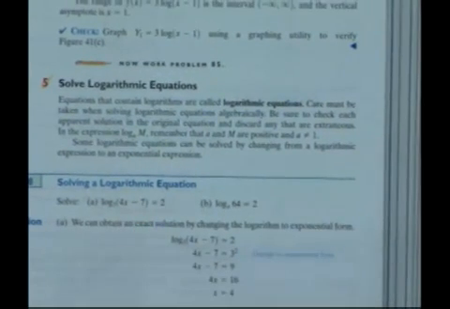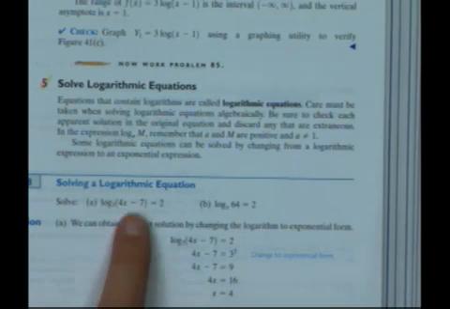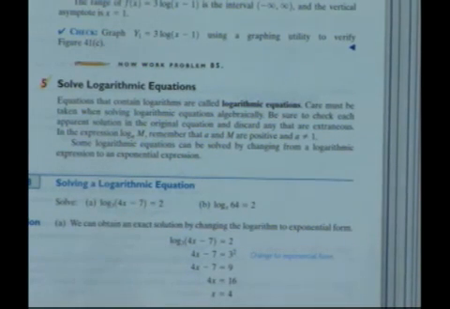So if I have a log equation and I need to get to that argument, I'm going to have to go to the exponential form. And later in section 4.6, when we have exponential equations where we've got to get to the exponent, we're going to have to go to the log form. The logarithmic form and exponential form are going to work together very nicely for solving equations.